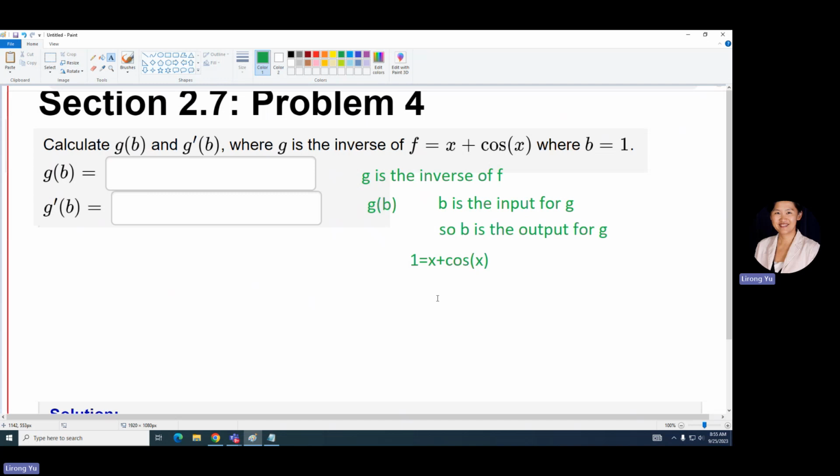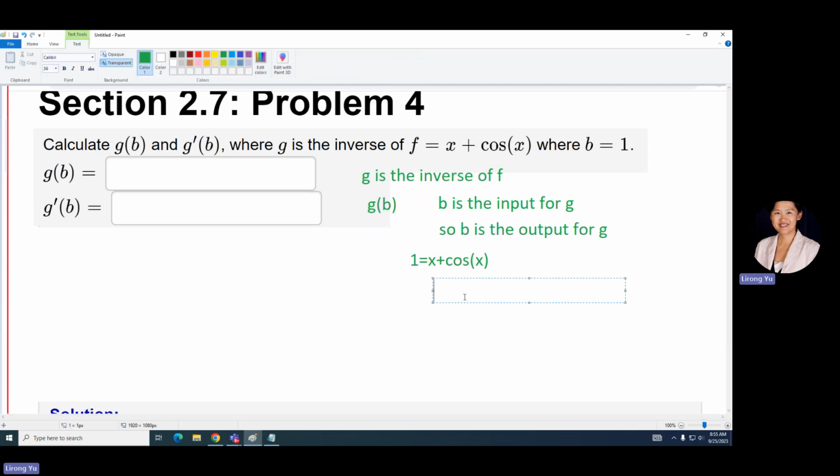Just think of the number. One thing we do know is that if x equals 0, this will be true. Cosine of 0 equals 1. Cosine always starts with 1. So if x equals 0, then 0 plus cosine of 0 equals 1.